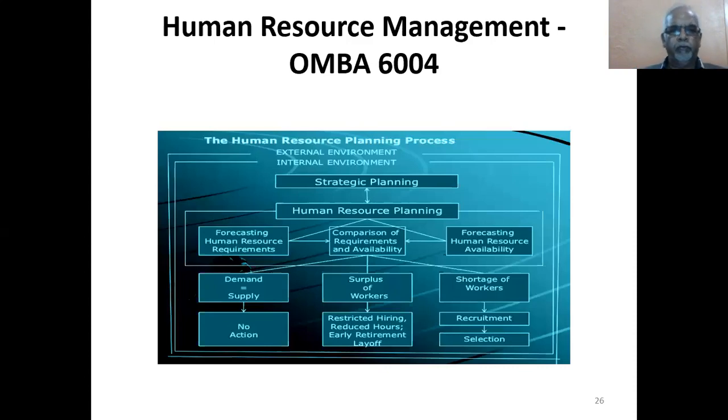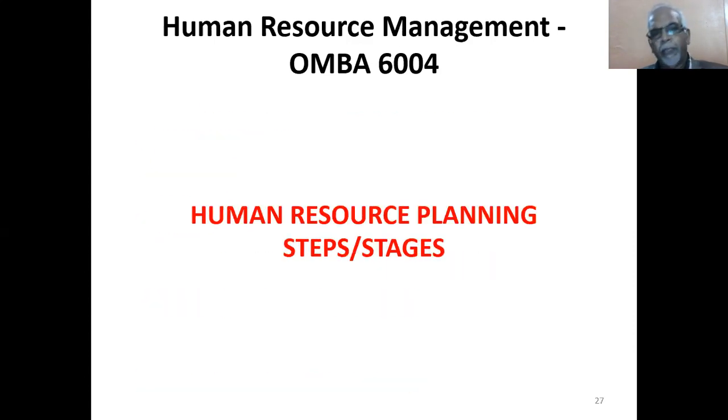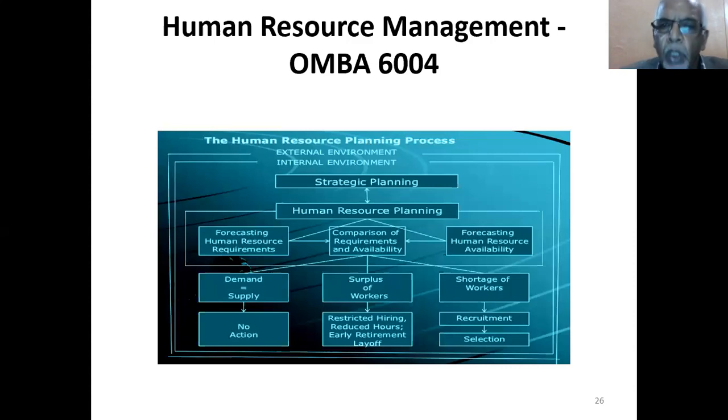And this will involve the forecasting, projecting the human resource requirements, forecasting the human resource availability, and comparing the requirements and availability to determine whether the requirement matches the availability, that is, demand is equal to supply, to determine whether there is a shortage of workers, or whether the organization is in a situation of surplus, that is, the supply is greater than the demand.